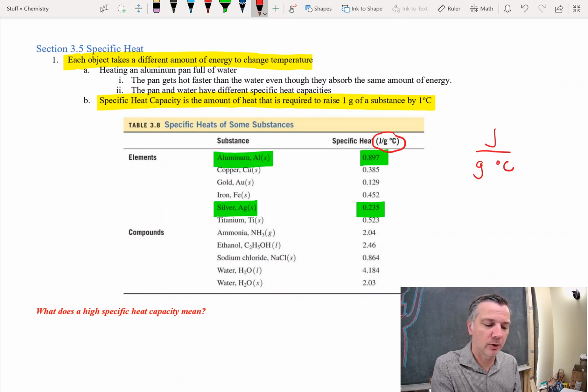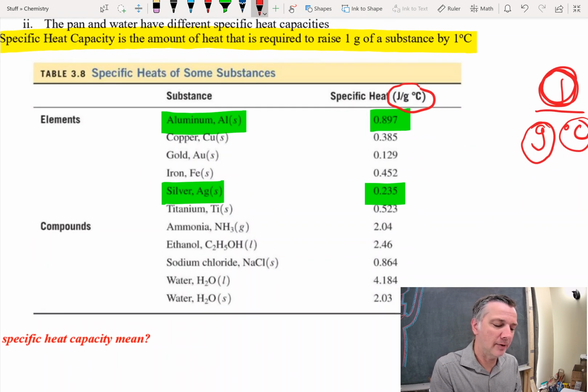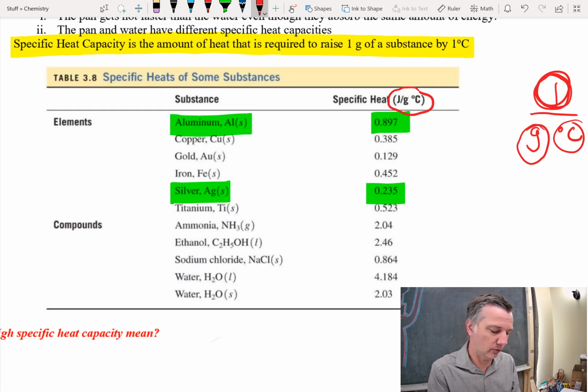So this is literally the number of joules, the energy required to heat 1 gram 1 degree Celsius. So for aluminum, it takes 0.897 joules to heat 1 gram 1 degree Celsius. For silver, it takes 0.235 joules to heat 1 gram 1 degree Celsius.